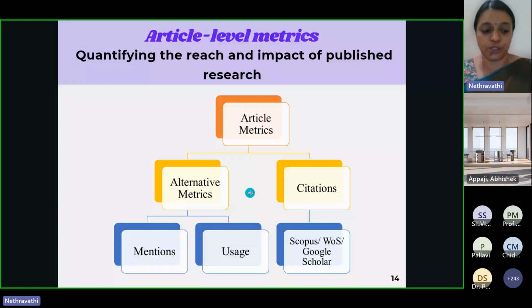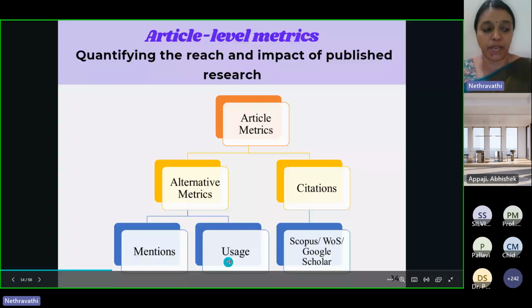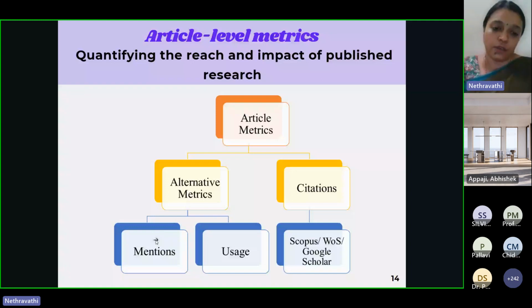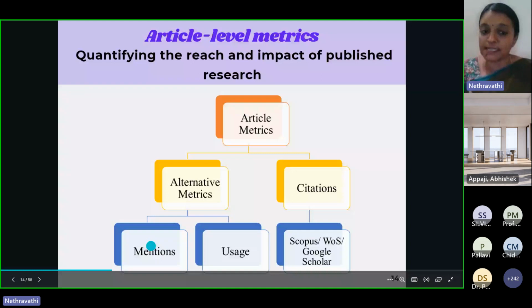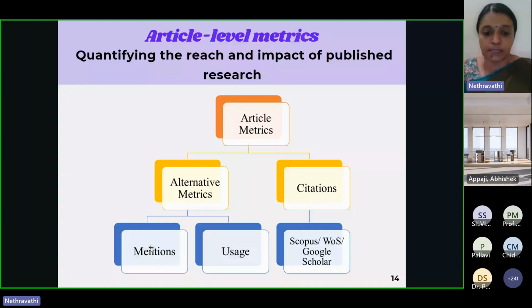On any social media or social networking site, there may be mentions or usage. What do we mean by mentions? Mentions means they have mentioned your article, they have viewed your article, or cited it, not exactly in their article, but on a web page. Those are called mentions.